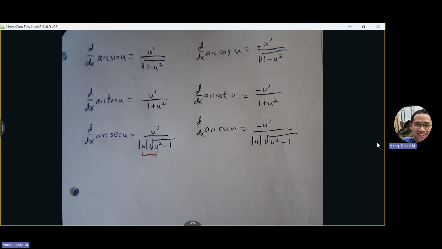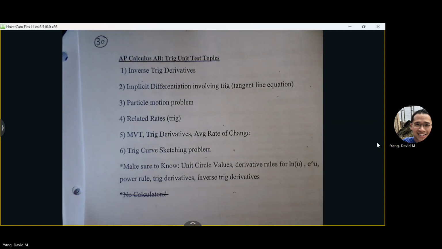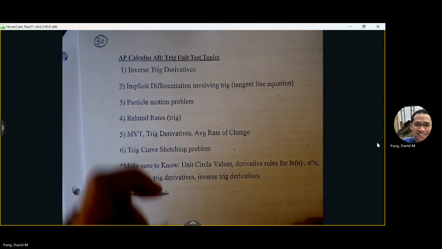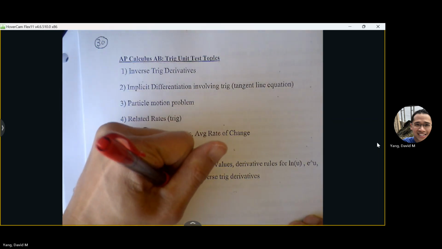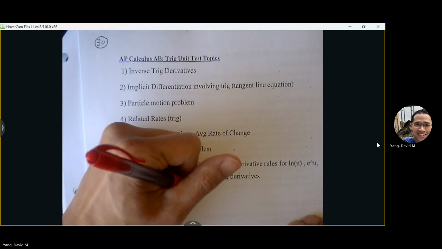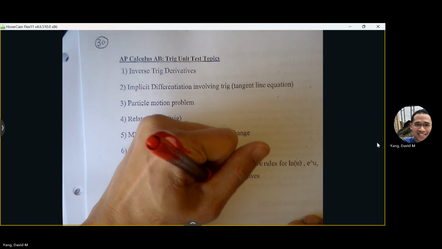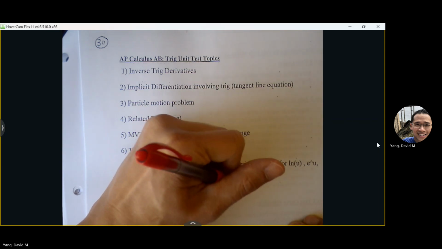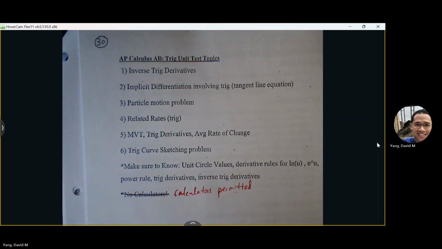If you turn to the very back of the packet, page 30, here's an idea of what you can expect to see on the test.